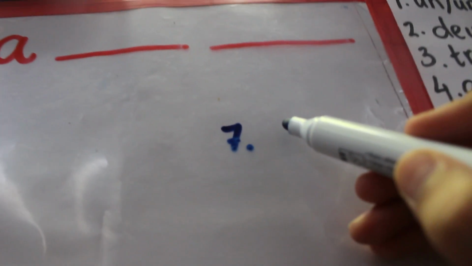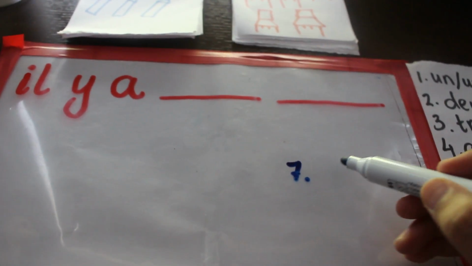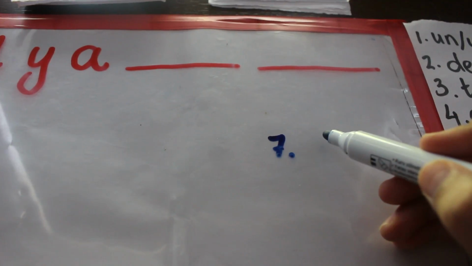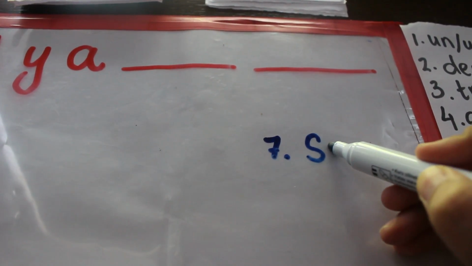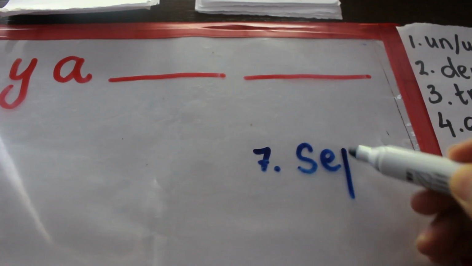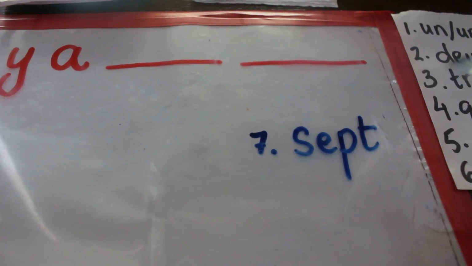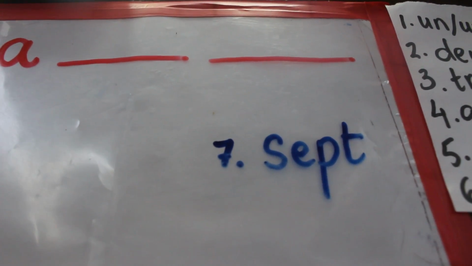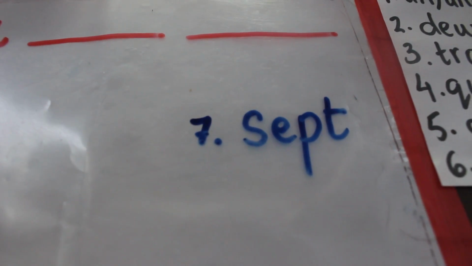Now number 7 in French, I always tell my students that it's very easy to learn because it's the short form of the month of September, which we write mostly when we write the date in English.